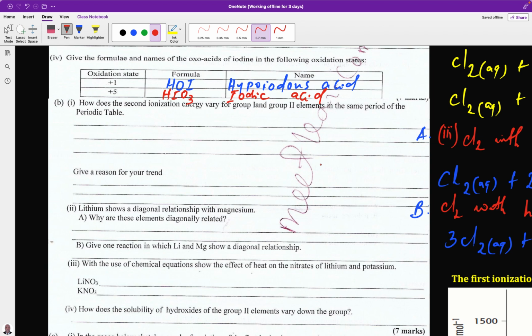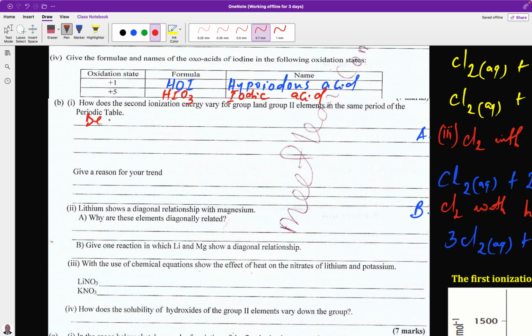The variation in the second ionization energy for group 1 and group 2. How does it vary? Generally, the second ionization energy decreases down the group.